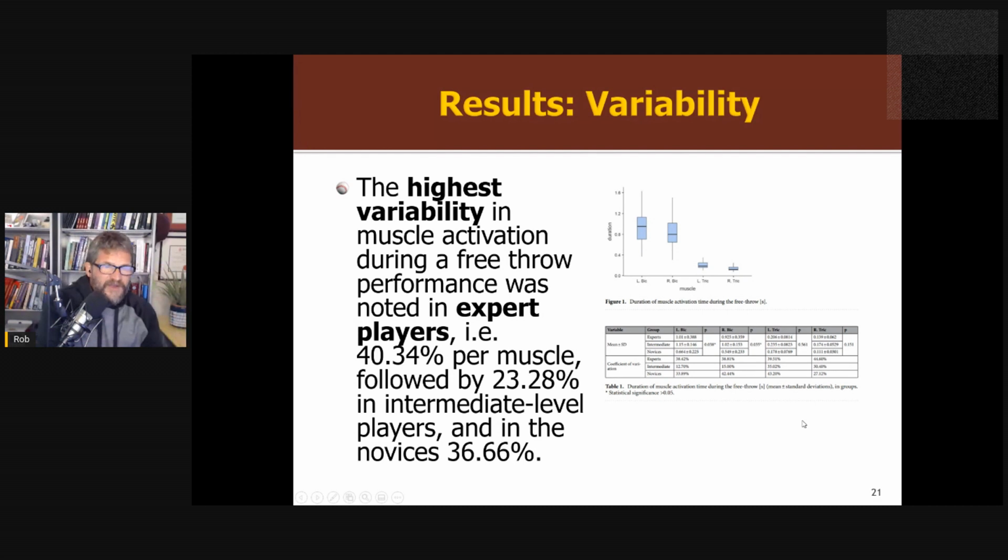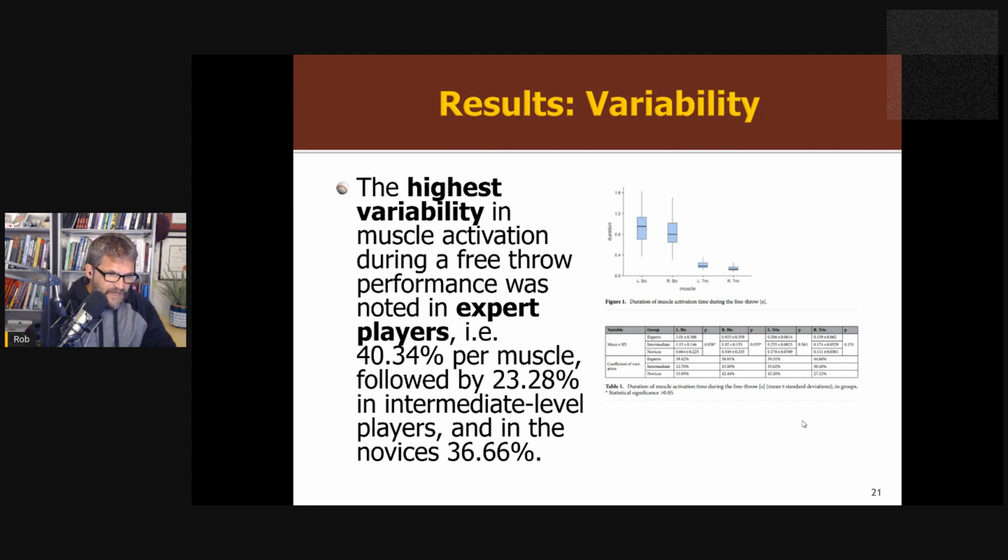What they found overall is not consistent with the idea that variability is noise, right? The highest variability in muscle activation from trial to trial during the free throw was in the experts, not in the novices.